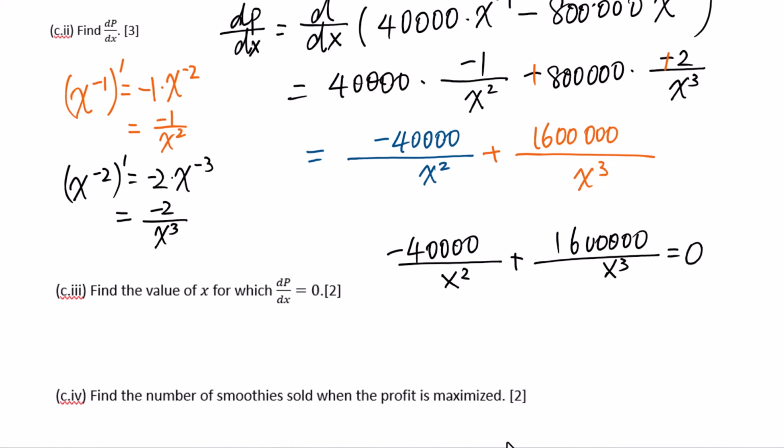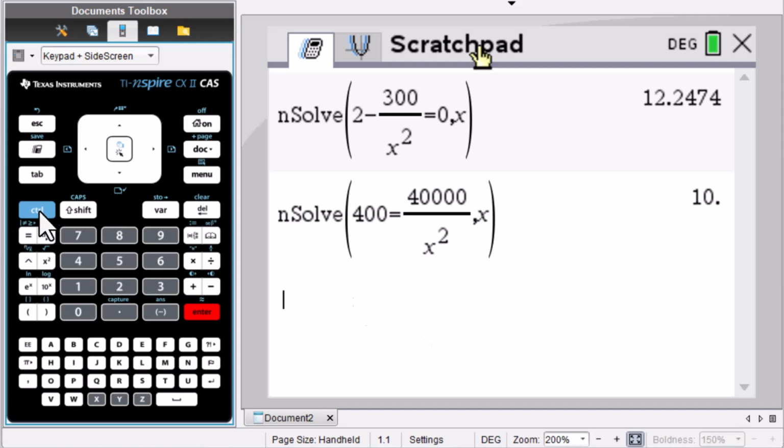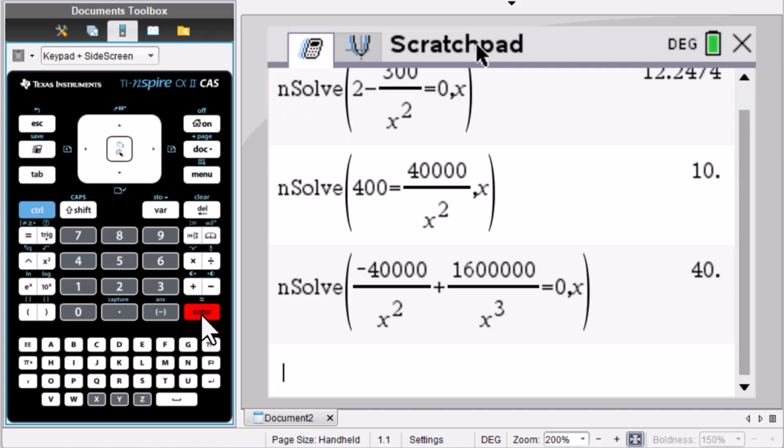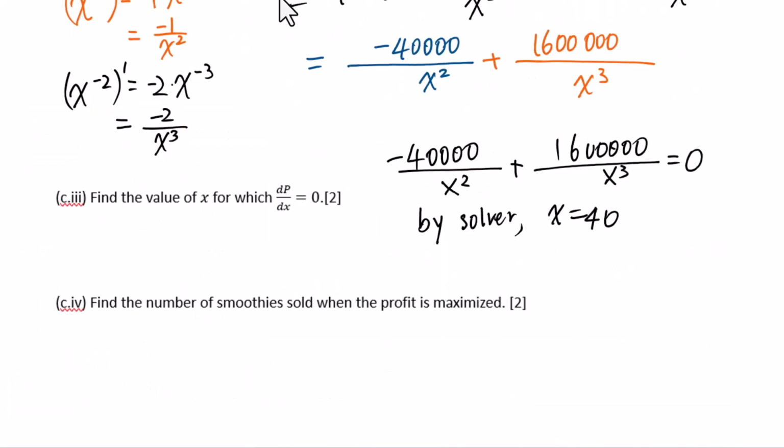Let's go to equation solver. Control menu, enter, enter, enter. X equals 40.